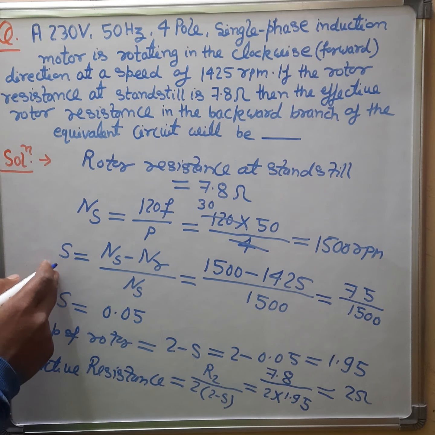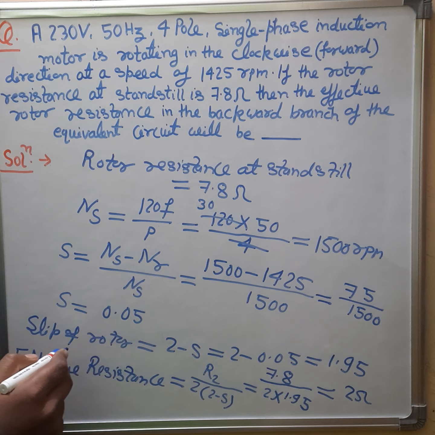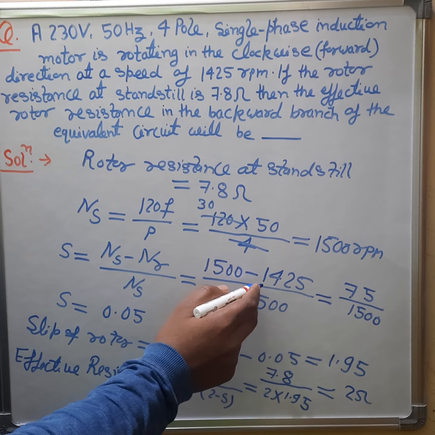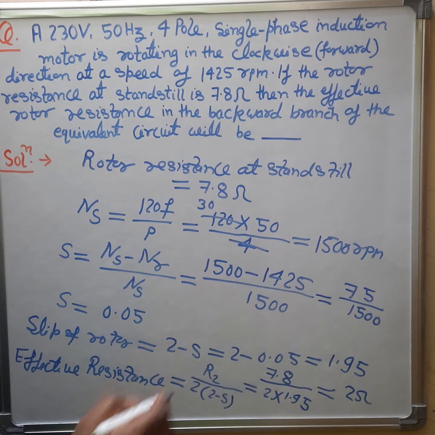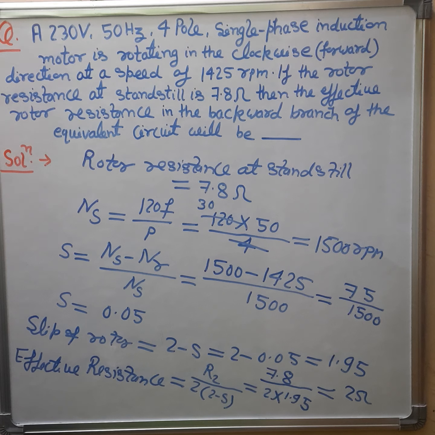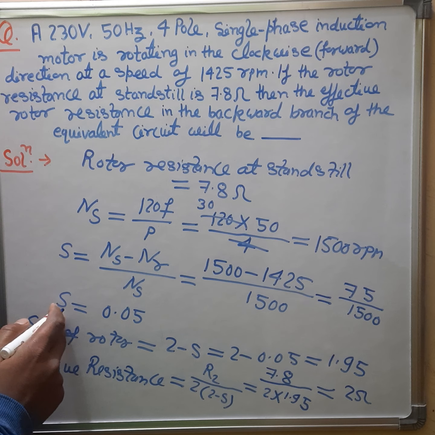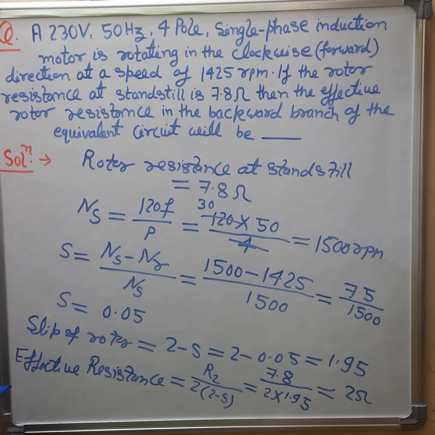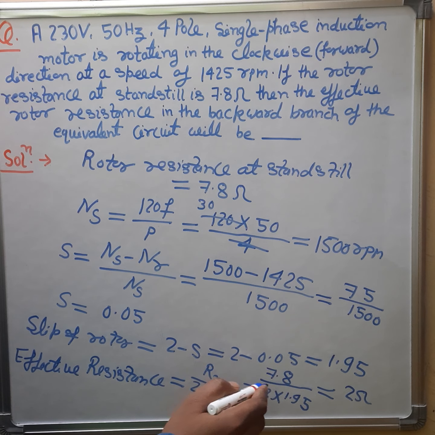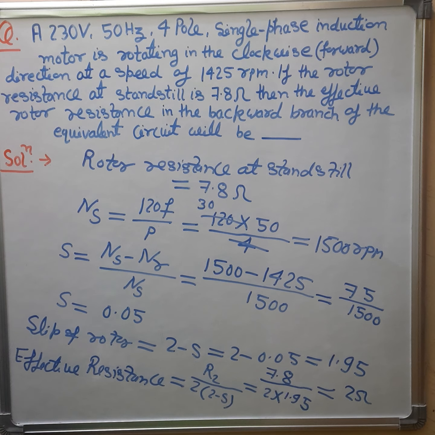And slip is Ns minus Nr divided by Ns. Then put the value of Ns 1500 minus 1425 divided by 1500, equal to 75 divided by 1500. It becomes slip is equal to 0.05, and slip of rotor is equal to 2 minus s. 2 minus s, then 2 minus 0.05, becomes 1.95.